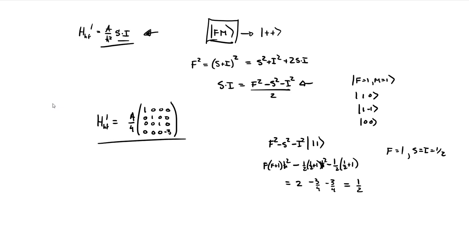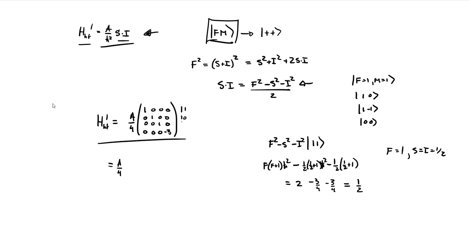But anyway, now that we have our hyperfine perturbation in matrix form in this FM basis, we see it's diagonal. We can pull off the eigenvalues right away, and we know that for the 1, 1 state, we have an eigenvalue of A over 4, or a matrix element of A over 4, so we know that's the energy shift.